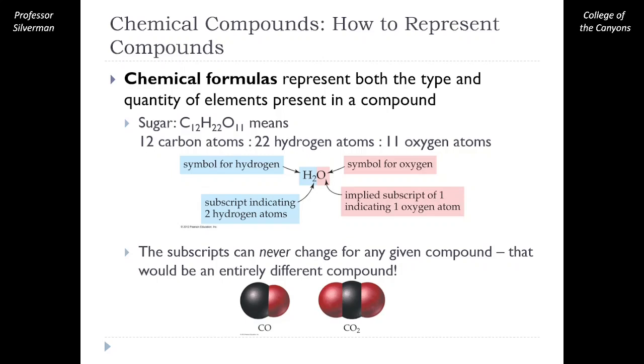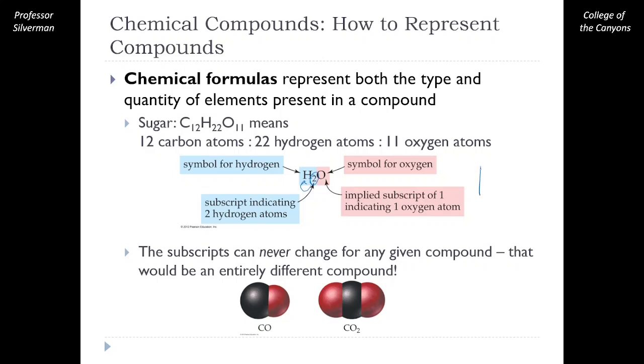In our chemical formulas, which maybe we've seen out in the real world as well, we need to represent what elements are present and how many of each element are present. In our chemical formulas, we have subscripts that refer to the element symbol right before it.